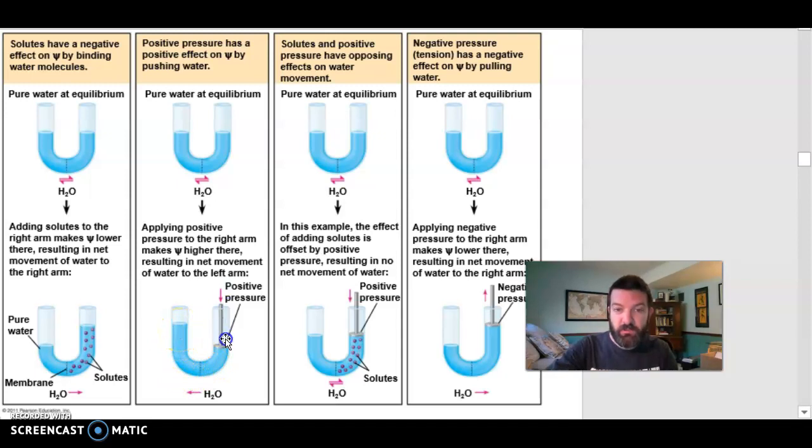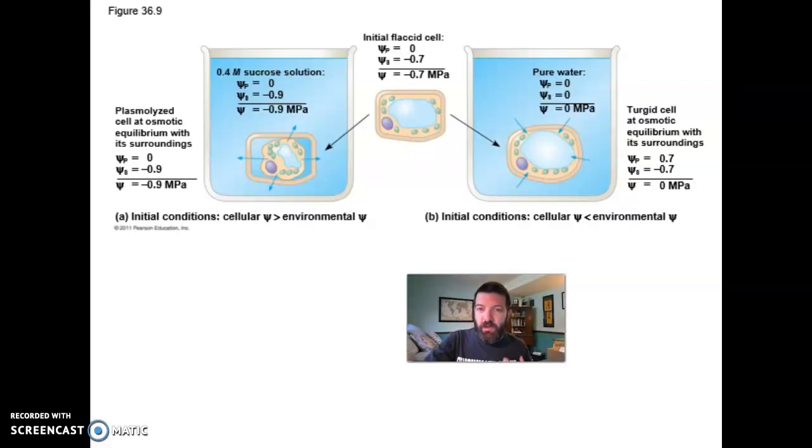All right, so that makes sense. So solutes lower it, positive pressure increases it. So in this case, you've got an even amount of solute pressure sucking the water toward it and positive physical pressure pushing out, and you end up having the same amount of actual water potential that you do on the other side.